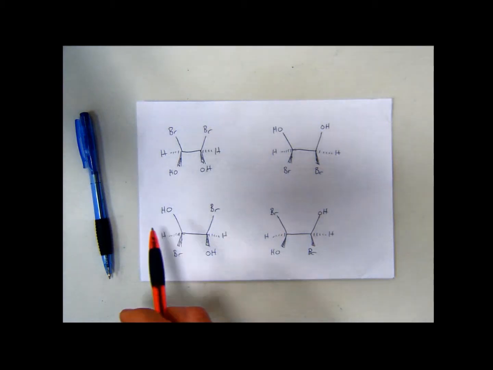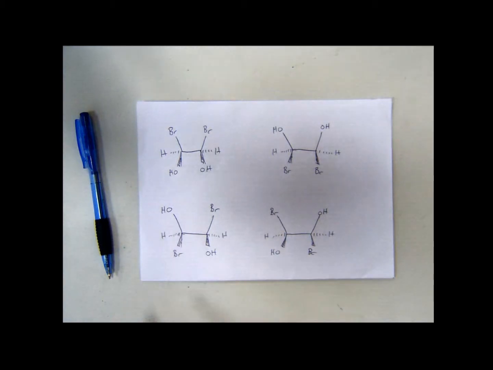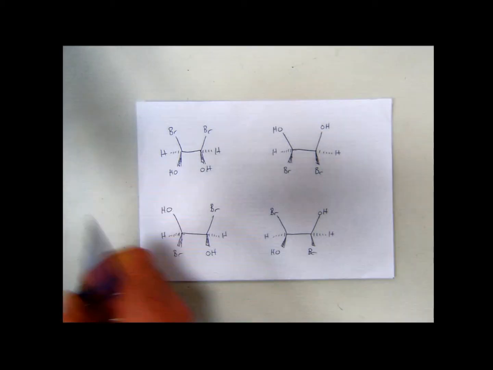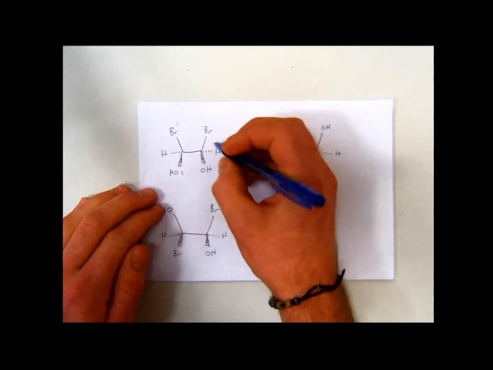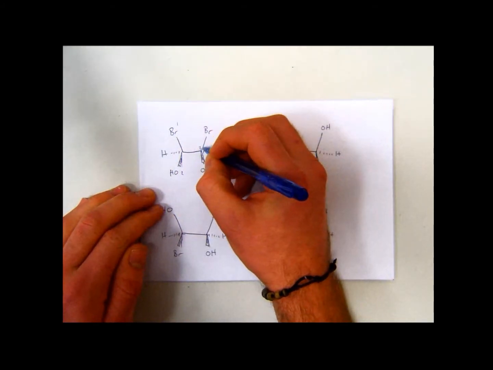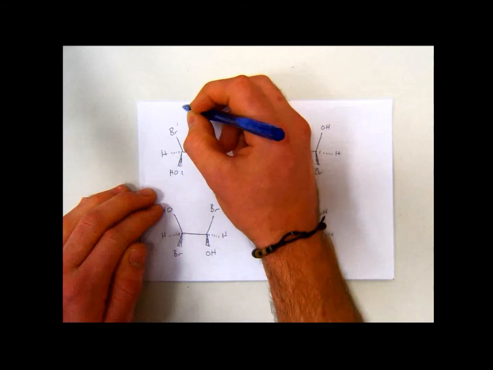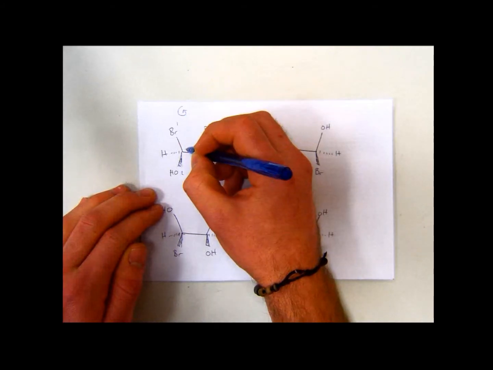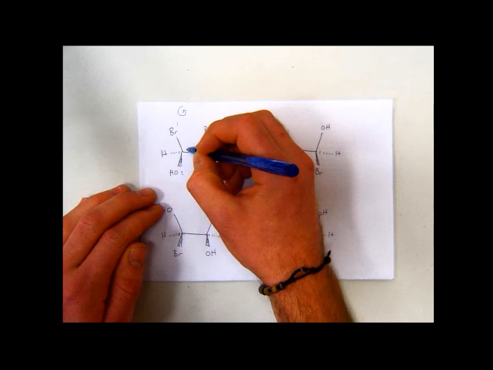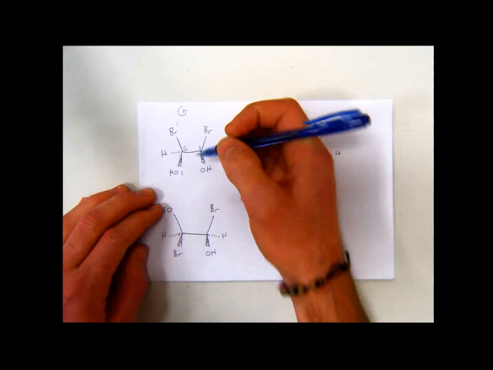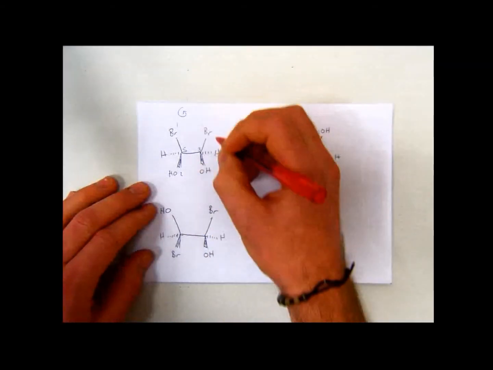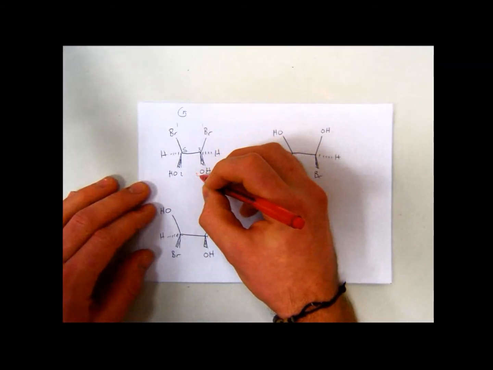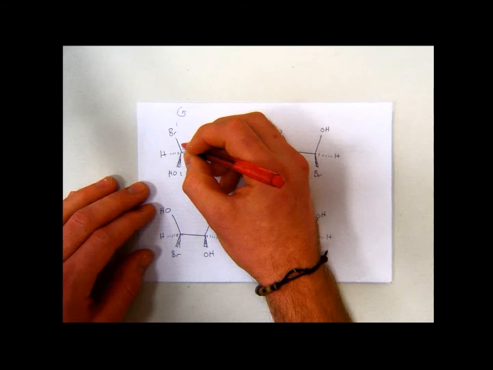And we can go ahead and assign R and S to the 2 stereocentres in each molecule. So we'll start with bromine. Bromine is 1, oxygen is 2, carbon is 3. 1, 2, 3. So you can see that one is S. Bromine is 1, oxygen is 2, and carbon is 3.